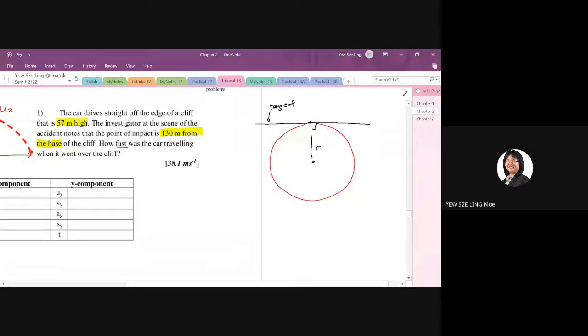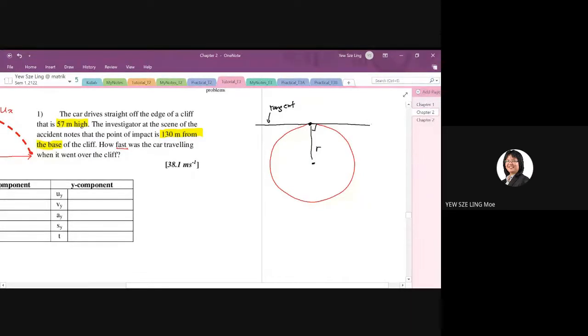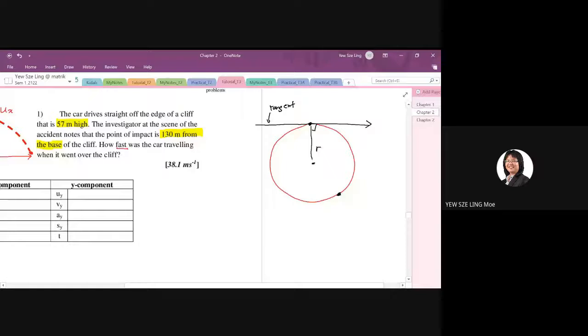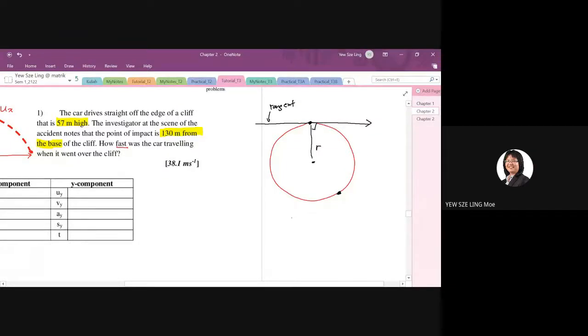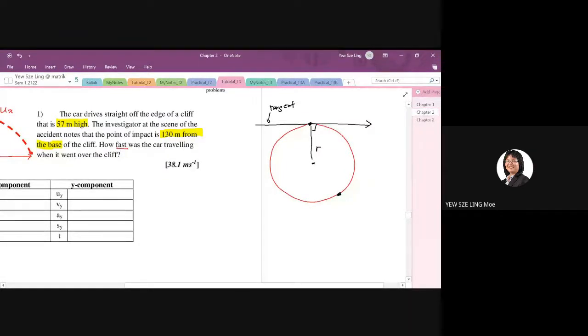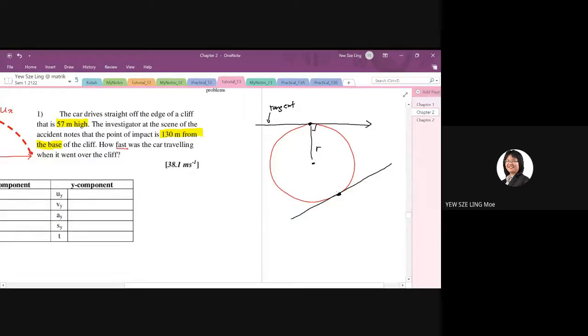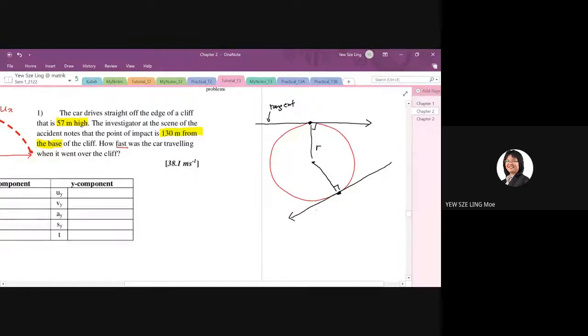So in this case, my object is moving at this point, and the direction of motion is going to the right. Then how about here? If I want to determine the direction of the object at this position, I draw another straight line that forms 90 degrees with the radius, and this line represents the direction of motion at point B. Just now it was point A, now point B. What if I want to determine the direction at point C?